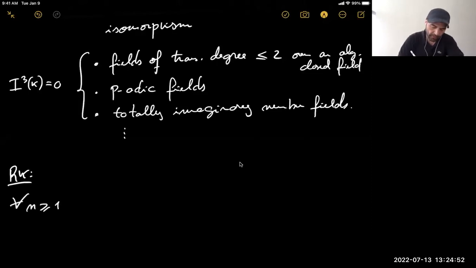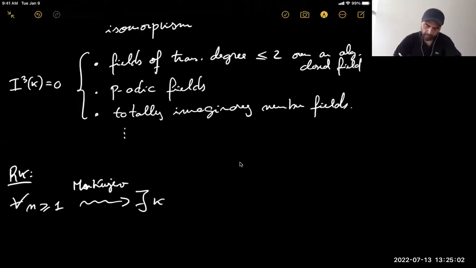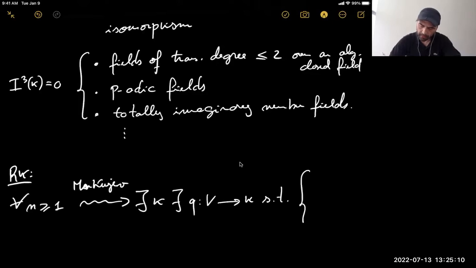But that's a remark, as you in the audience probably all know. Given any integer n, we have these results of Merkurjev saying that actually there exist fields for which there are quadrics, so quadratic forms, such that this condition is satisfied by the field, and the dimension of your quadric is 2n, and the quadric is anisotropic.